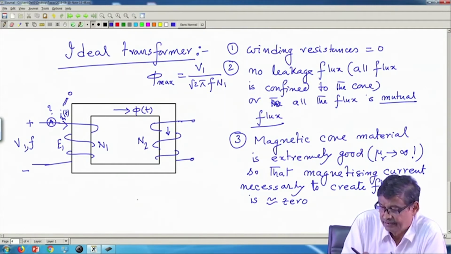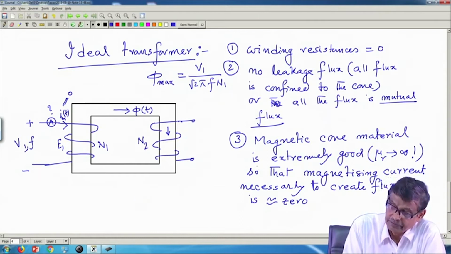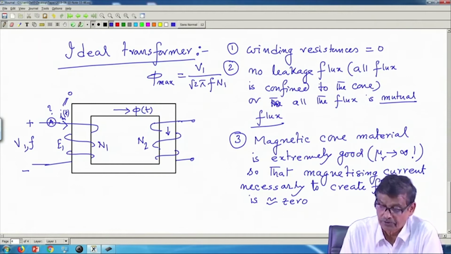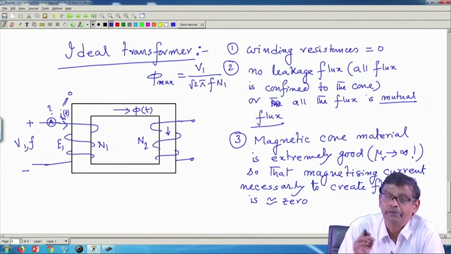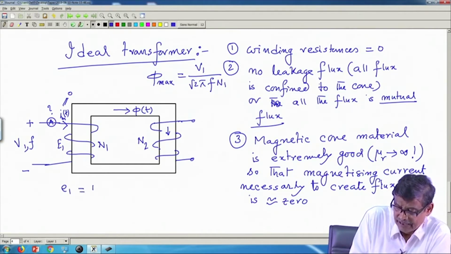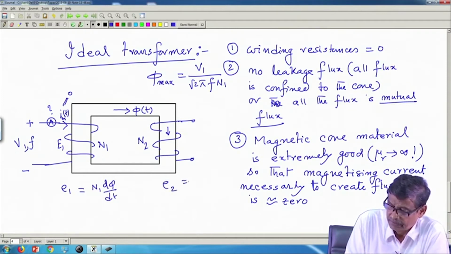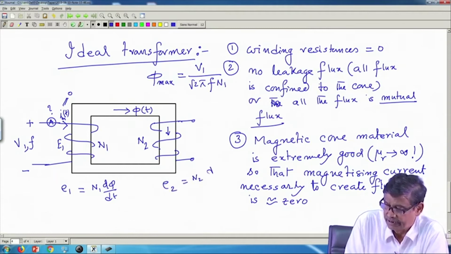This flux is also changing with respect to time. Therefore, applying Faraday's law, I will then also conclude that these two will become a seat of EMF. So, E1 is N1 d phi dt, E2 will be equal to N2 d phi dt, the same flux.